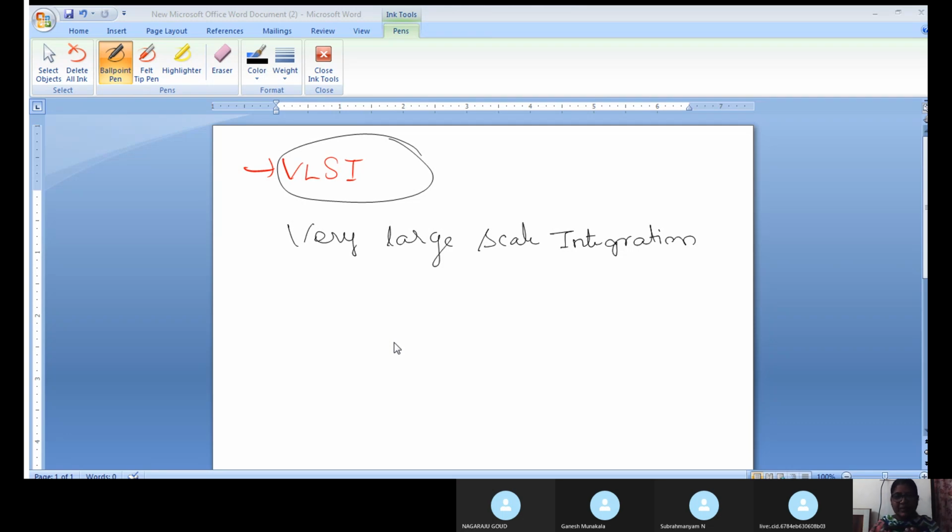Today, let us suppose I am able to integrate 20 components on this single platform. After 2 years, or after 18 months, on the same platform I am able to integrate 40 components. This year is 2022; in 2024, on the same chip, I am going to integrate 40 components.